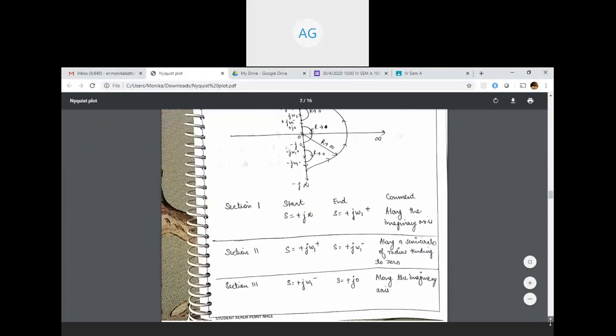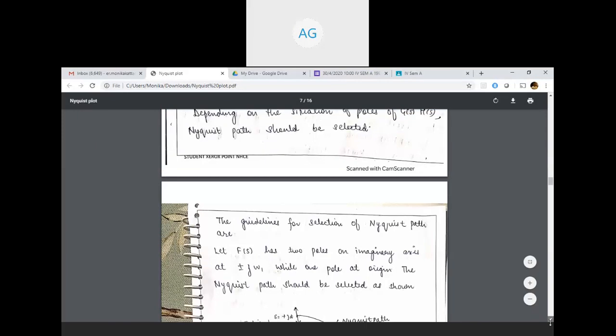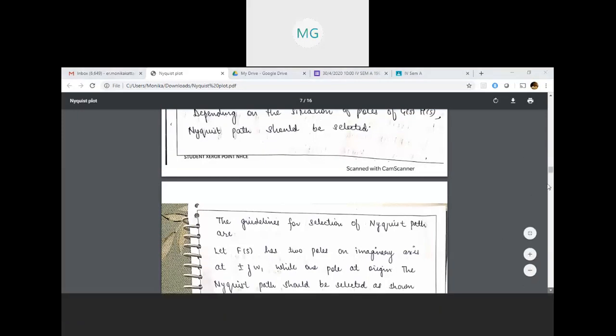In the last class, we had seen how the Nyquist plot is divided into sections. How do we divide sections? I hope everyone has understood till this point.